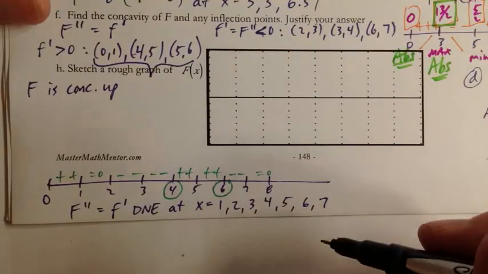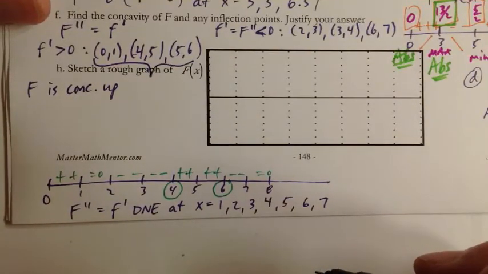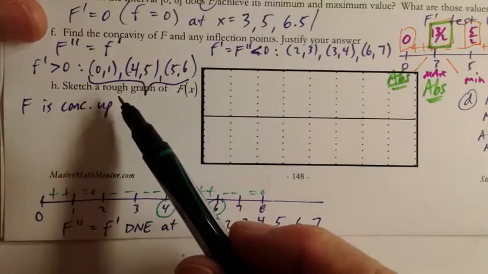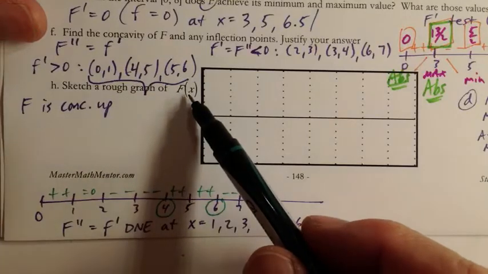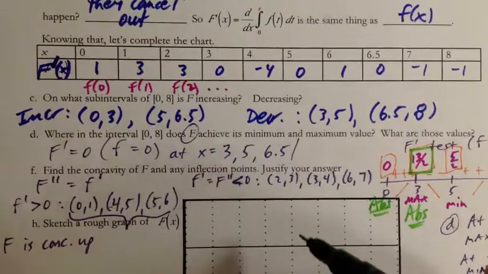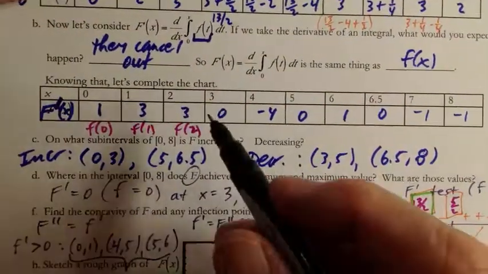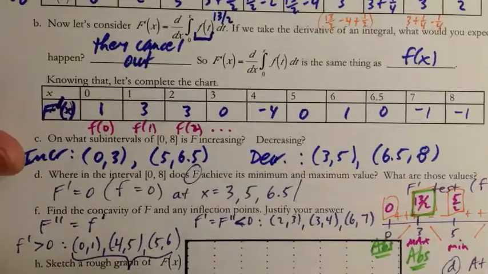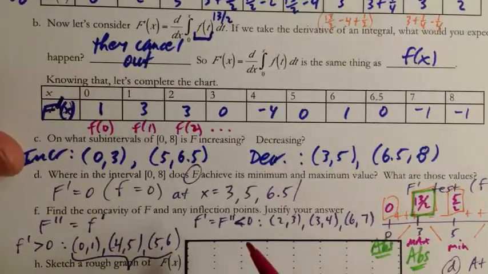So that being said, we have one last part, and that would be to sketch a rough graph of capital F of x. So we just look at our values of capital F of x, and we get F of 0 is 0. Capital F of 1 is 2.